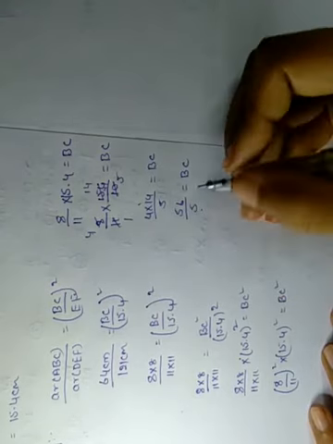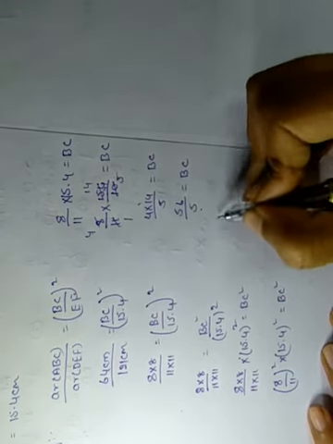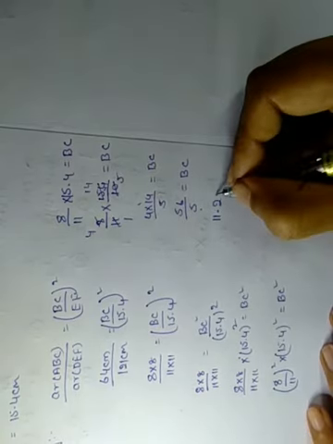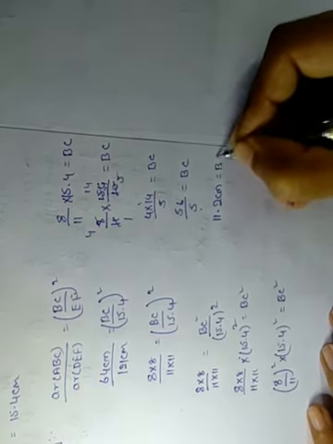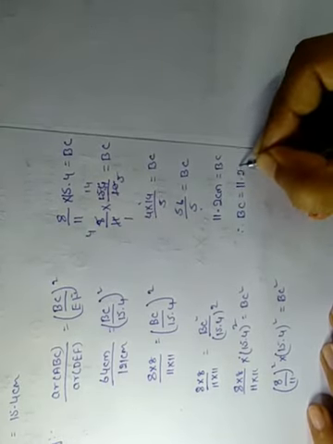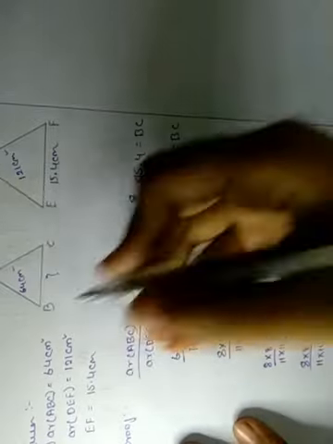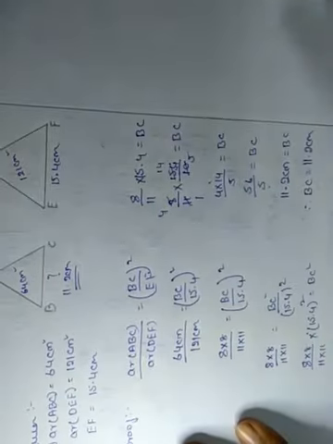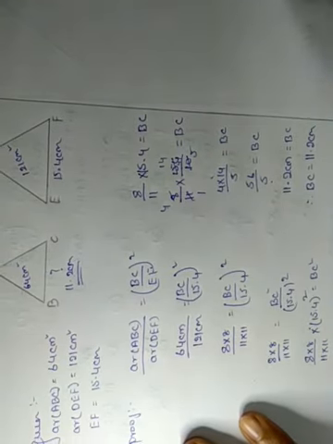After dividing 56 by 5, we'll get the answer 11.2. They have given it in centimeter, right? So centimeter is equal to BC. Therefore BC is equal to 11.2 centimeter. We found the value of BC, that is 11.2 centimeter, right? This is how we need to solve the problem.